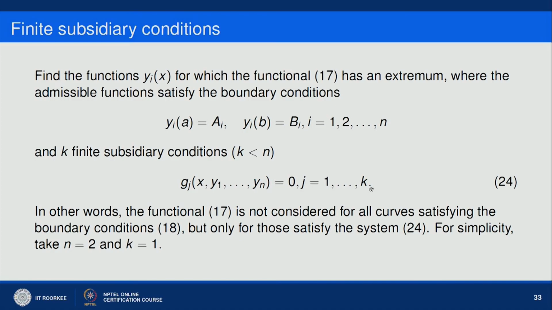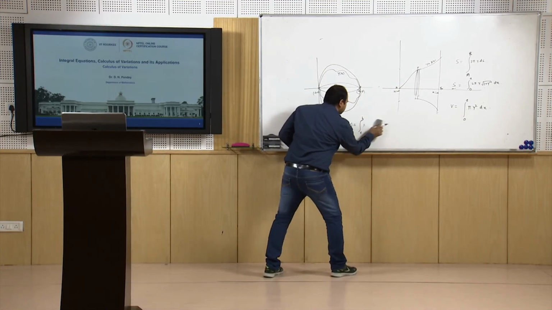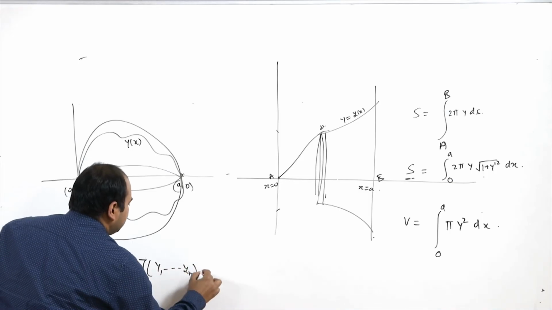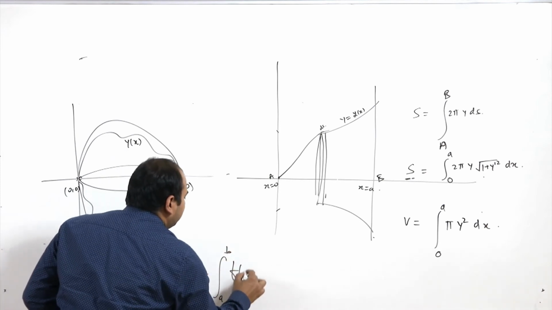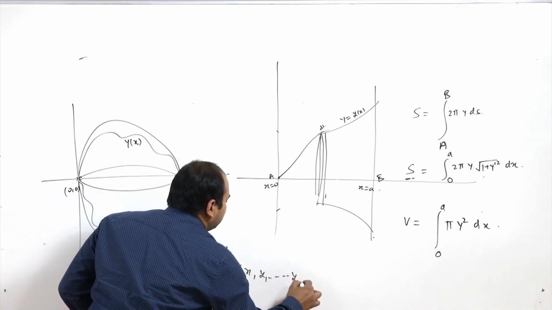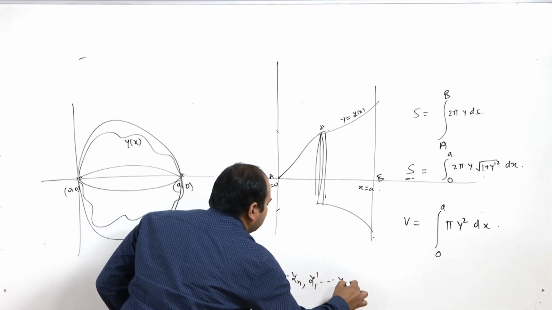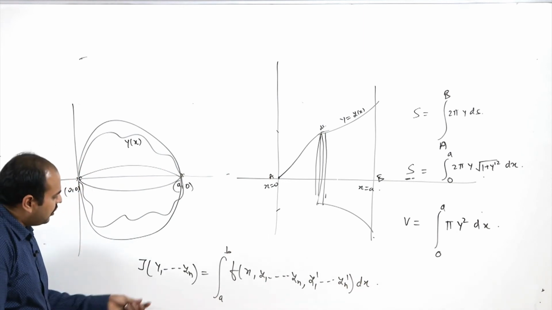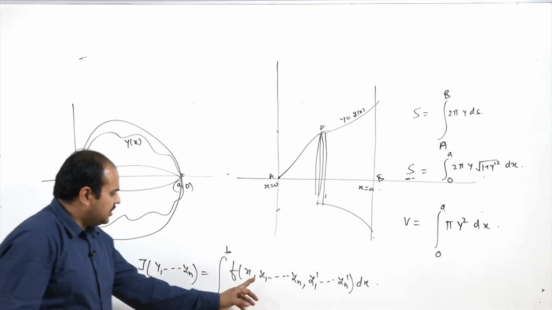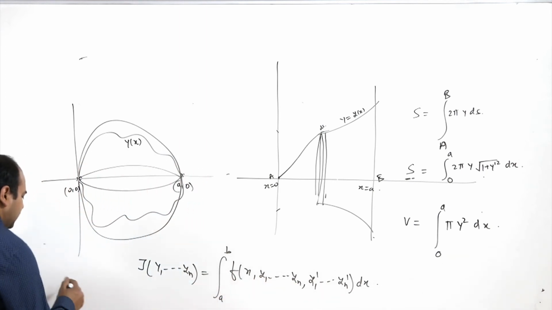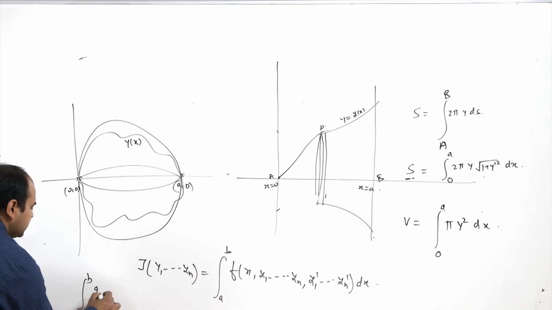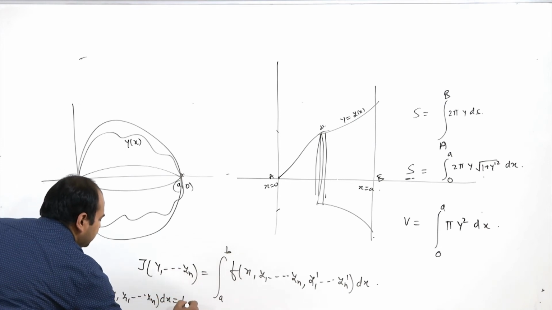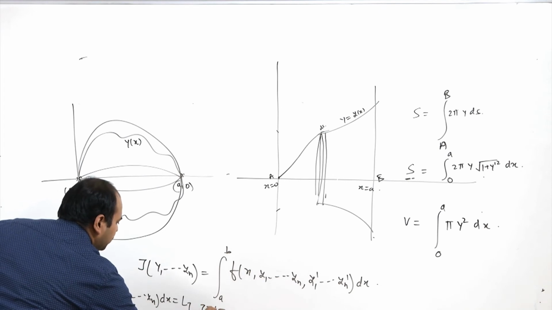So here we are considering the generalized problem. The functional is J[y1, ..., yn] equal to the integral from a to b of f(x, y1, ..., yn, y1 dash, ..., yn dash) dx. We have seen the isoperimetric problem, a generalization where these curves y1 to yn satisfy the condition that another integral from a to b of g_j(x, y1, ..., yn) dx is equal to some l_j for j equal to 1 to k.